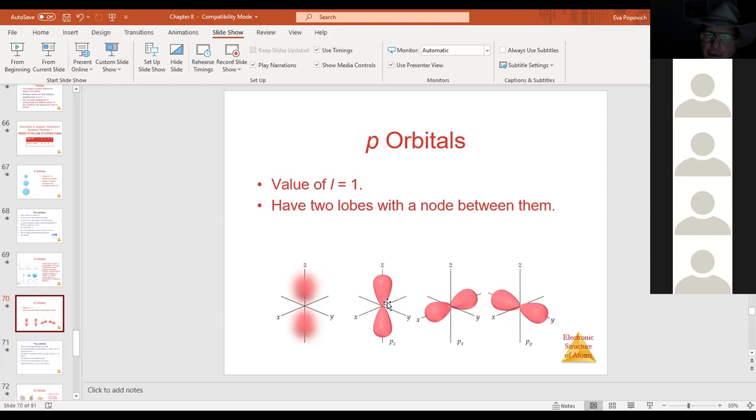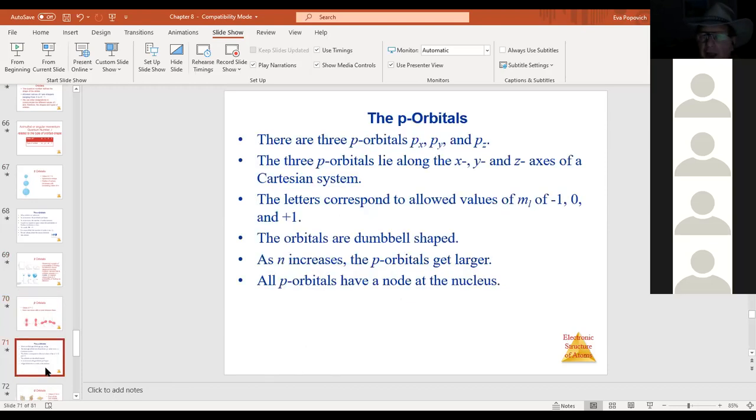The p orbitals exist on the z, x, and y axes. Again, as n increases, the space that the electron occupies gets bigger. All p orbitals have a node at the nucleus.